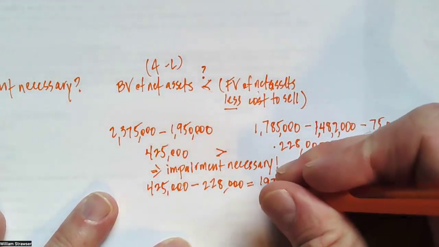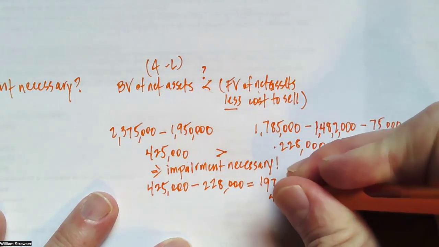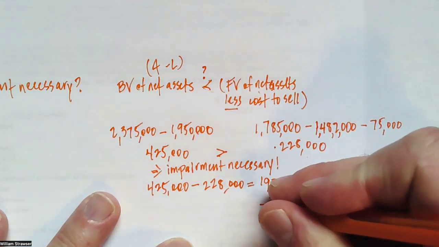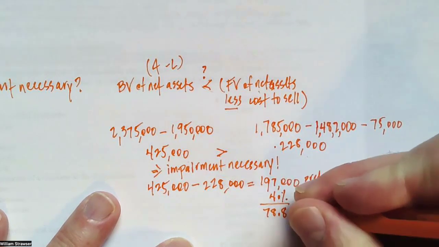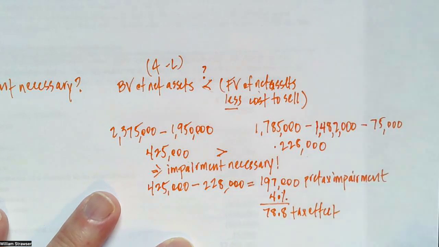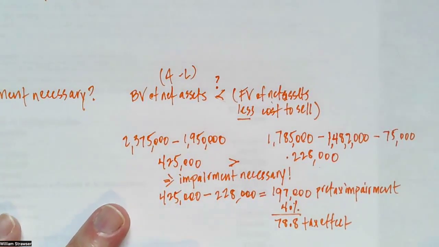In this problem, the tax rate is 40%. So I take 40% of 197,000, and that is 78.8. This would be my tax effect. Now, impairments are always losses.